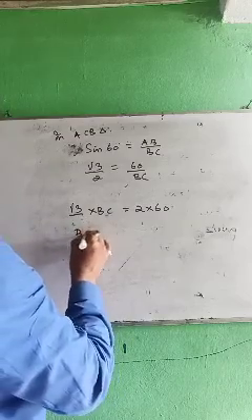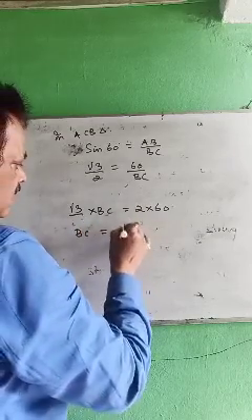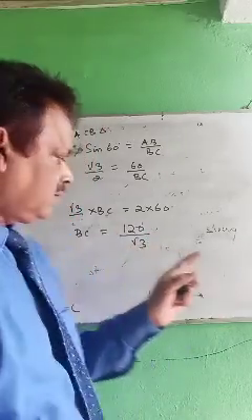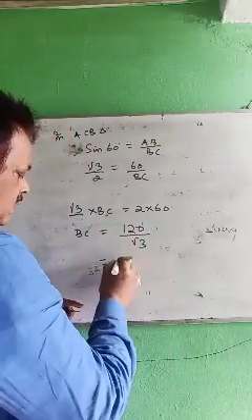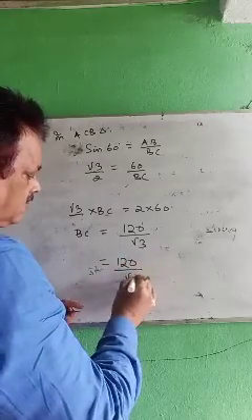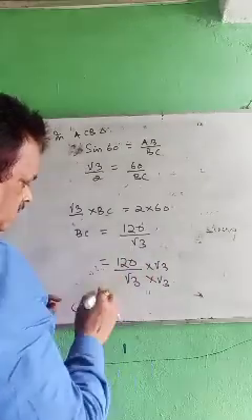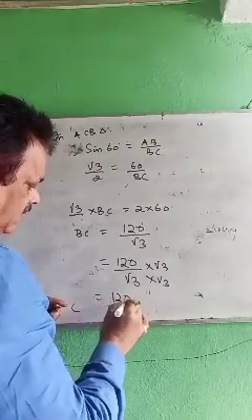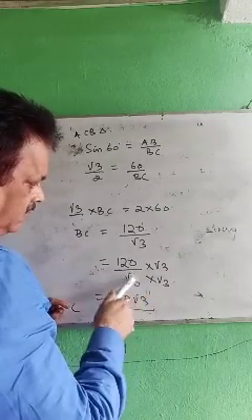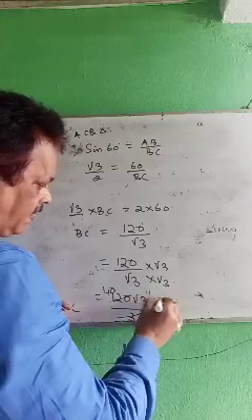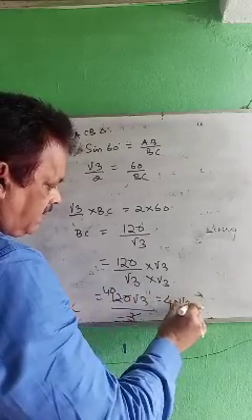BC equals 120 by √3. How to simplify? I told you, rationalize. 120 by √3 multiply √3 by √3. So 120 √3 by 3. 3 cancelled here. 40√3 meter.